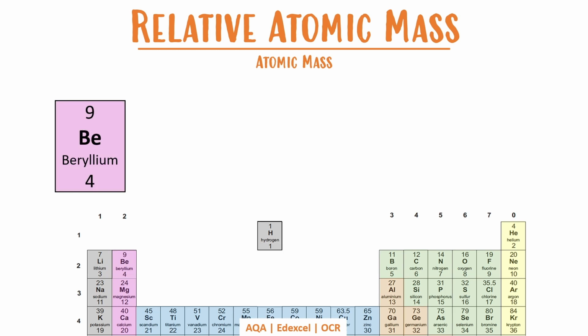Beryllium has the two numbers 9 and 4. The atomic mass is the big number, so we're going to focus on that for the purpose of this lesson.